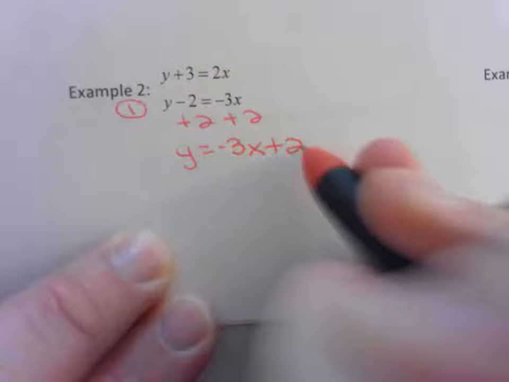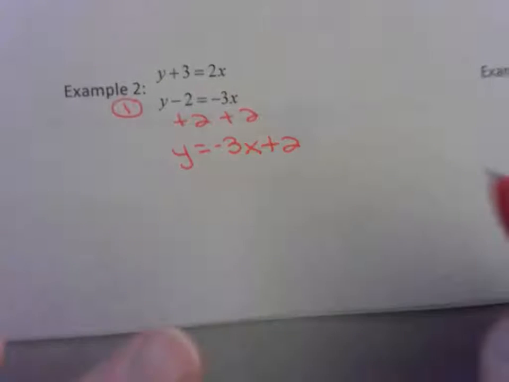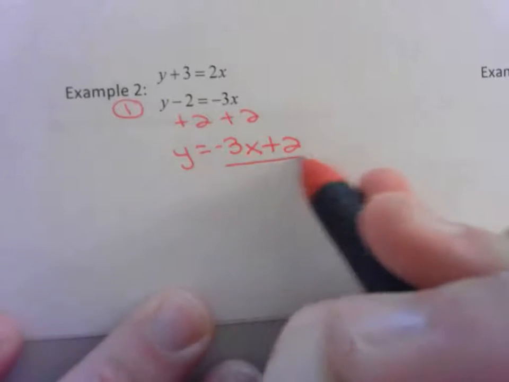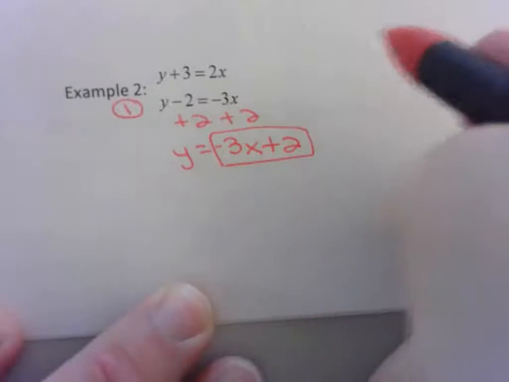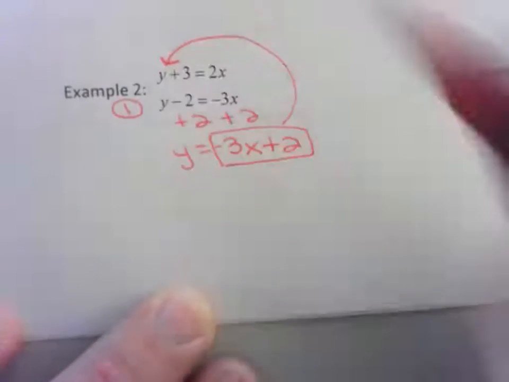To use substitution, you first have to get an equation x equals or y equals. Sometimes it will be done for you, sometimes it won't. The second part, I'm going to take my negative 3x plus 2 and plug it in where? In for y in my other equation.